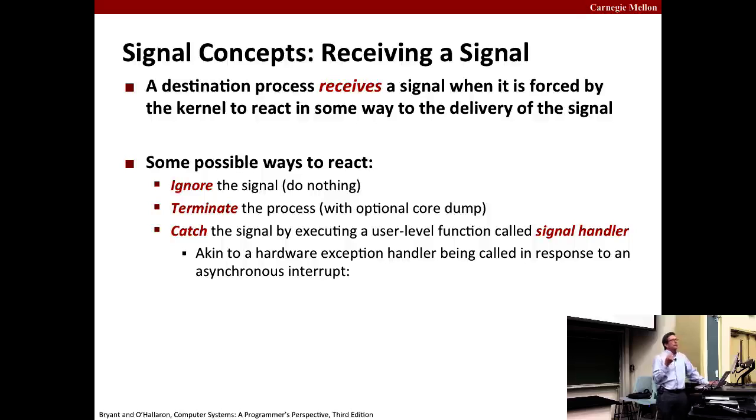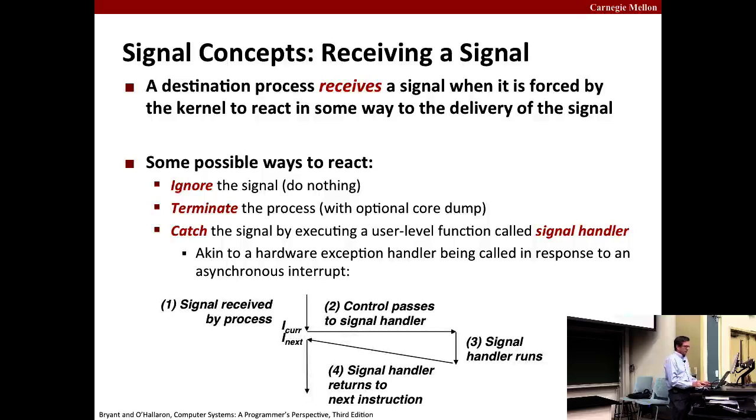Catching a signal and executing a signal handler is very similar to executing an exception handler in response to some kind of event in the system. The difference is that exception handlers are in the kernel, while signal handlers are actually just in your C code, and they execute in your process. So the way to think about it is, we have our process executing instructions, and then a signal is received by that process.